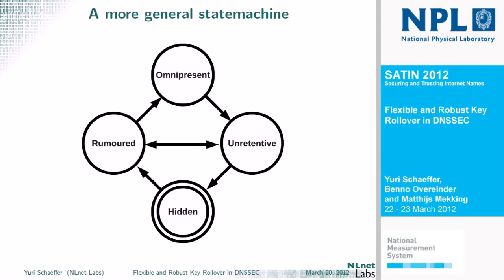Also another important thing to note is this is the state for a resource record, but the key of this resource record has a goal. And the goal is either hidden or omnipresent. That means the program, when evaluating all the state, will try to get the state a bit closer to that goal.